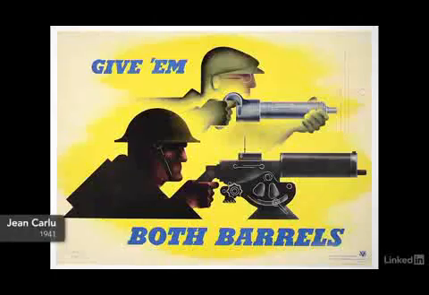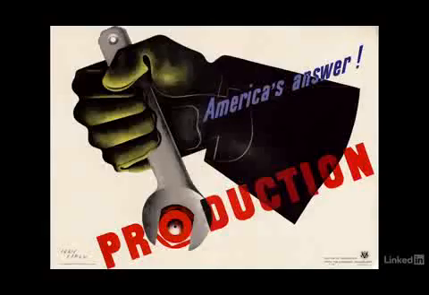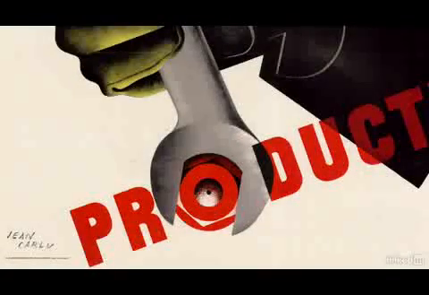Jean Carlu, originally from France, brought modernist and European avant-garde to his American work with simplified shapes and iconic imagery. His poster for America's Answer production used less literal illustrations, taking a graphic approach to convey the message with symbols. The letter O does double service as a nut turned by a highly stylized wrench.